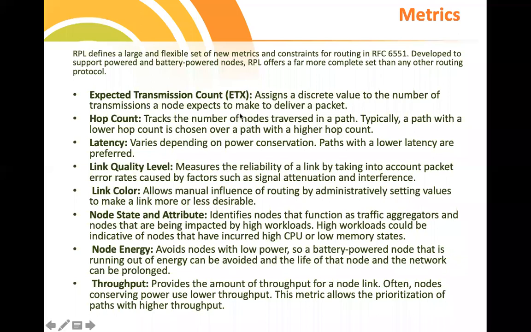Say for example, if an endpoint wanted to transmit data from its sensor to another sensor, another device, the total number of hops or nodes it may encounter in that lane, that is hop count.